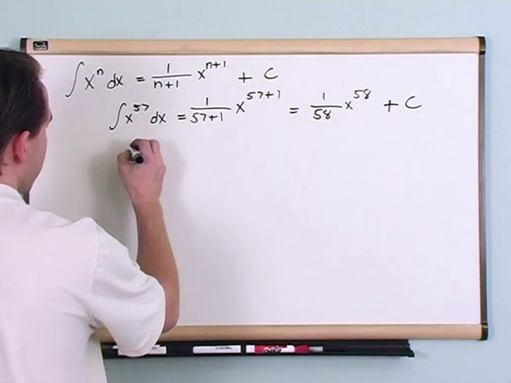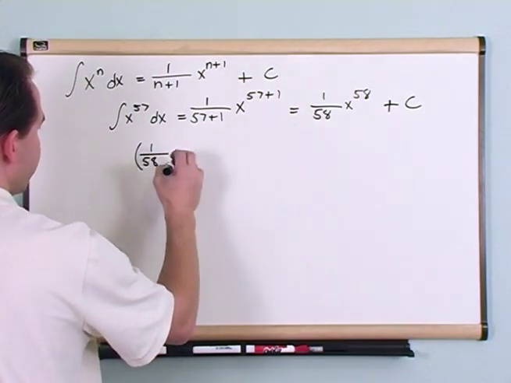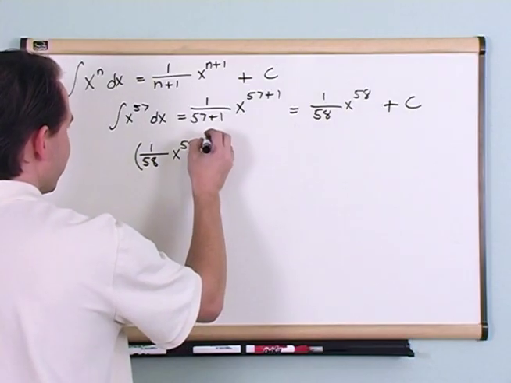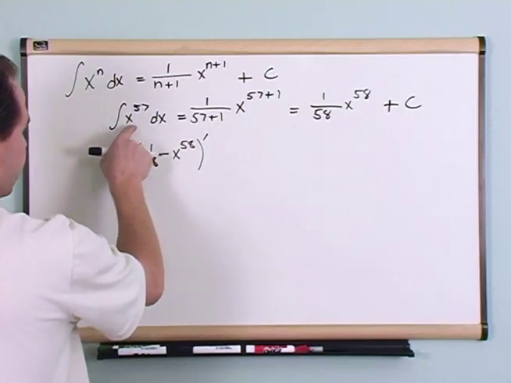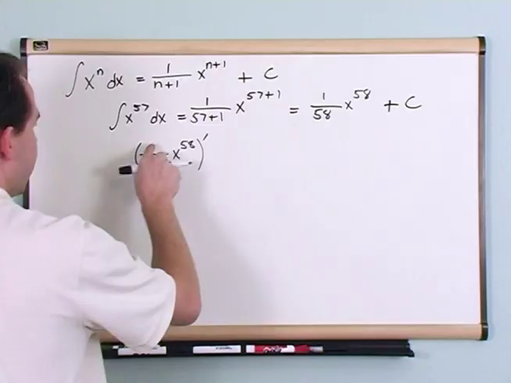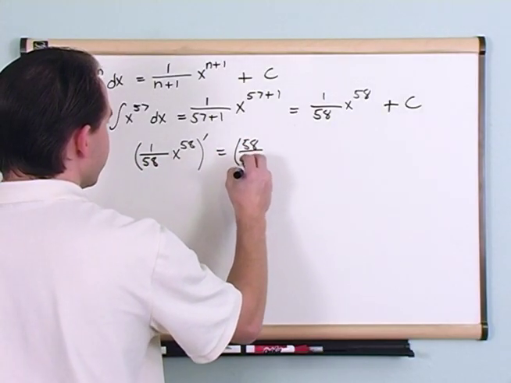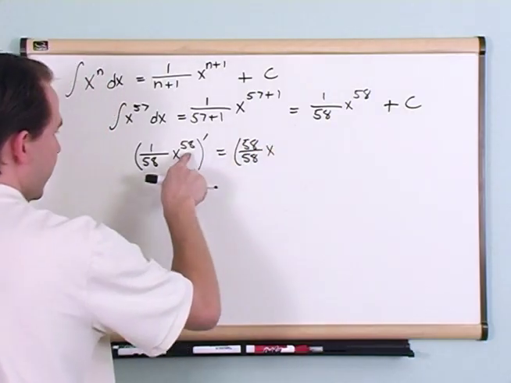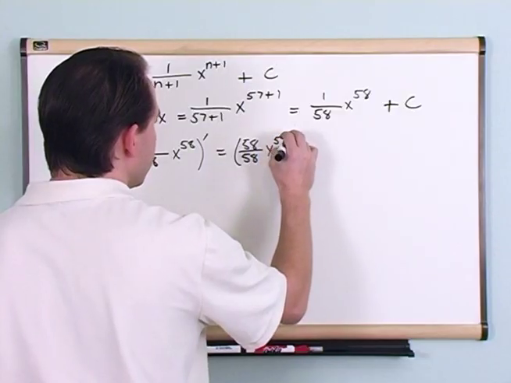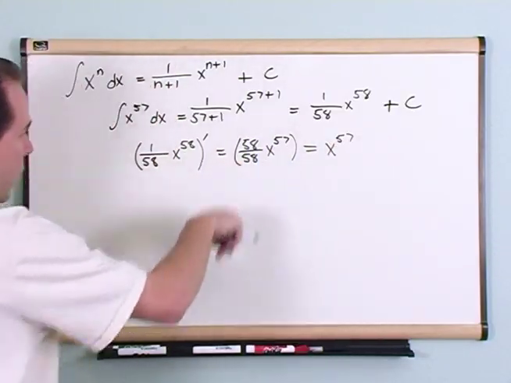Why is this true? Again, I'm going to show you why it is true. If you were to take 1 over 58 times x to the 58th power, and then you were to take the derivative of this, you should get back what you started with, right? Let's take the derivative of this. 58 comes out and gets multiplied, so what you have is 58 over 58 x, and then the exponent minus 1, so it's 57, and I think you can convince yourself what you'll have is x to the 57, because you have a 1 out here in the front.